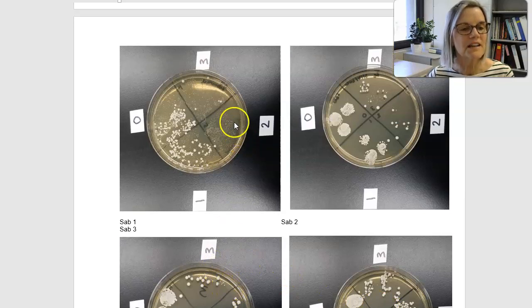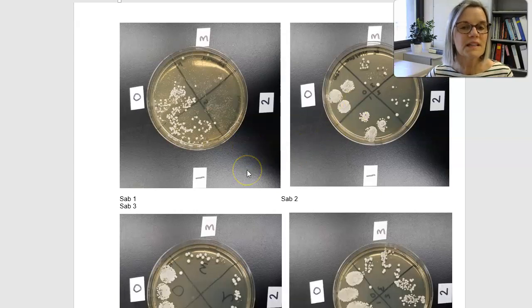But these are the resident yeast. Notice that some people have more resident yeast than other people. And it's just a variation in our normal microbiota. When you're doing the Saburad plates, you only want to evaluate the bread yeast because remember, with the Saburad plates, we're evaluating our transient organism, not our normal microbiota.